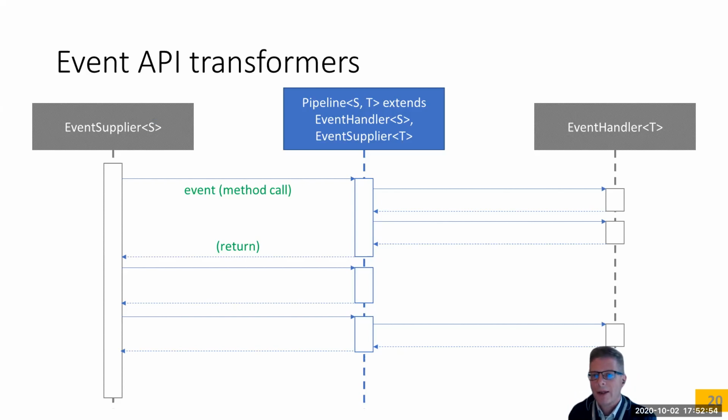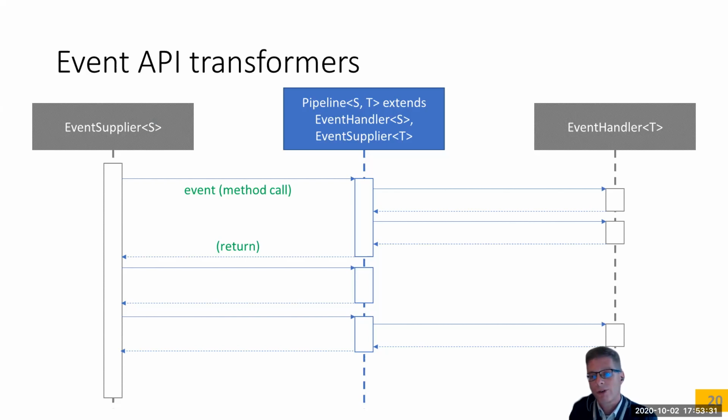And it extends event handler of S and event supplier of T, which means that S events are the input and T events are the output of this pipeline from S to T. There's a technical reason why event handler and event supplier are needed, and that's because Java does not support covariance and contravariance of type parameters. This is a rather technical issue. If you don't know about this, it's worth reading about it, I think.